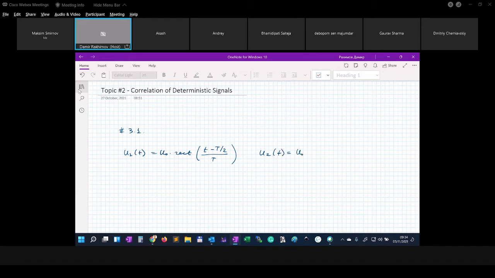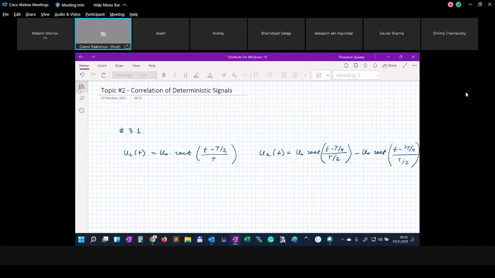We have u0 times rectangular function of (t minus T/4) divided by T/2, minus u0 times rectangular function of (t minus 3T/4), and we divide by T/2.